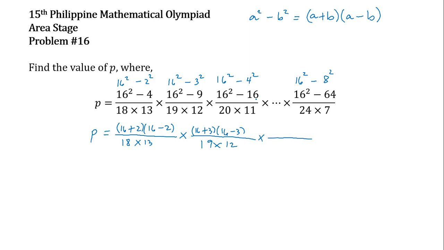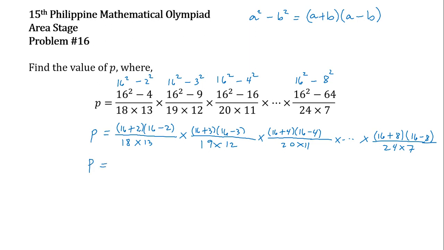We have here (16 + 4)(16 − 4) over 20 times 11, all the way to (16 + 8)(16 − 8) over 24 times 7.